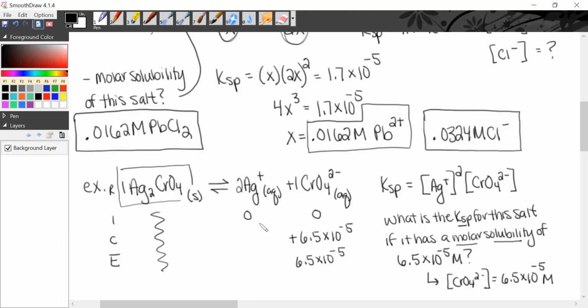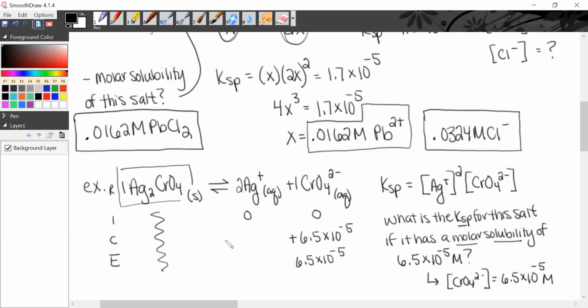So now we need to figure out, okay, well, how much silver are we going to have, right? For every 1 chromate, we're getting 2 dissolved silver ions. So I need to take this number and multiply it by 2 for my change with the silver. So 6.5 times 10 to the negative fifth times 2.